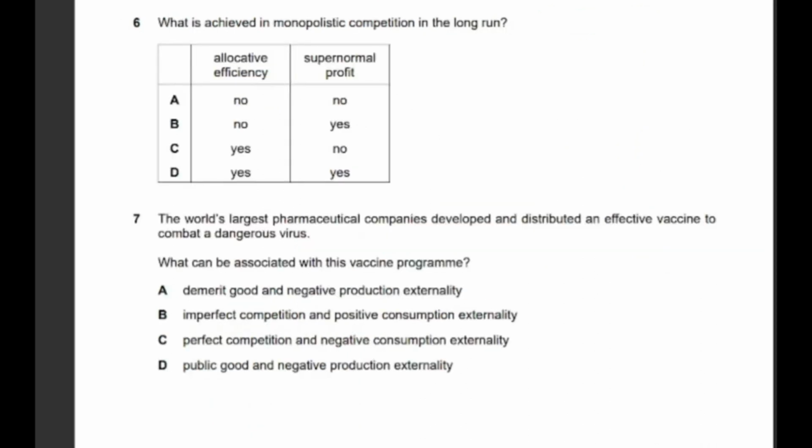Question number 6 says, what is achieved in monopolistic competition in the long run? Allocative efficiency. The firms in an imperfect market are never economically efficient, so no and no, right? Supernormal profit, they can't earn supernormal profit in the long run. Yeah, we will pick no, option no. So A is the correct answer.